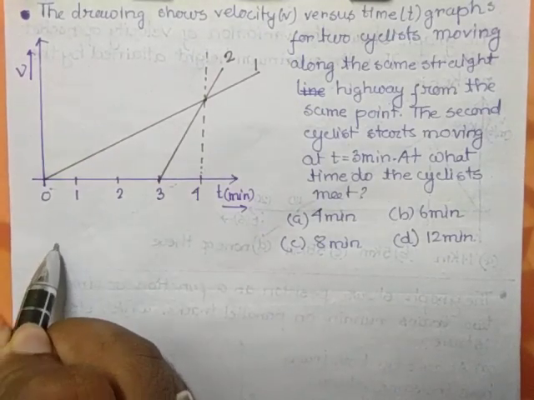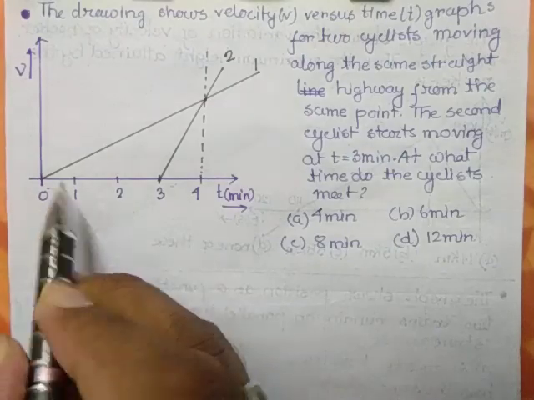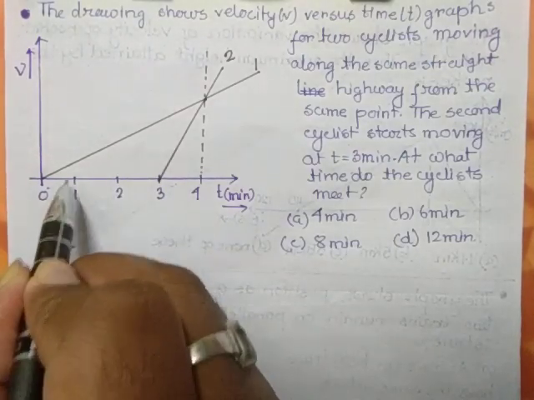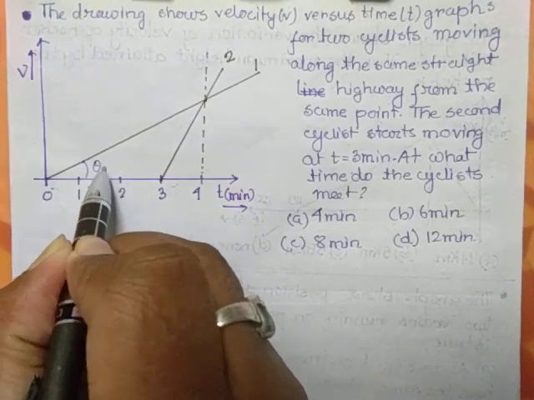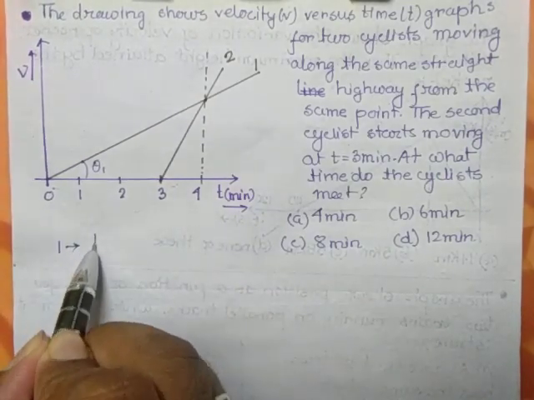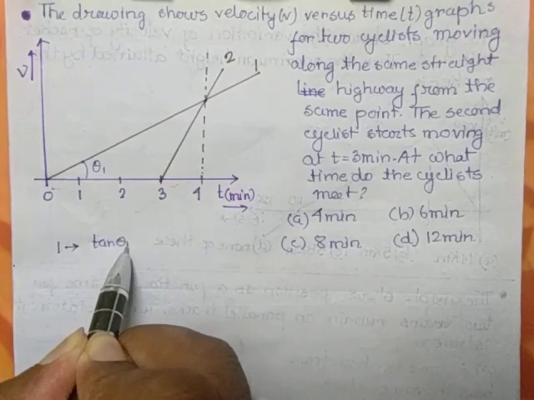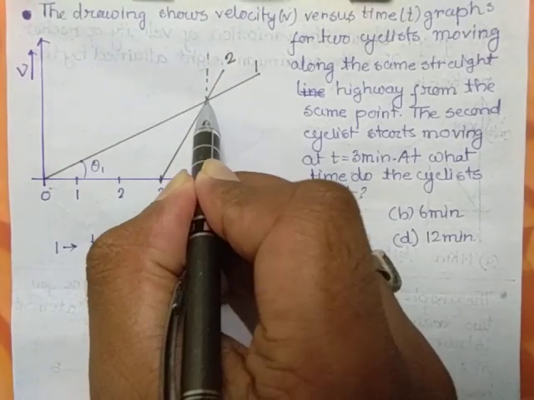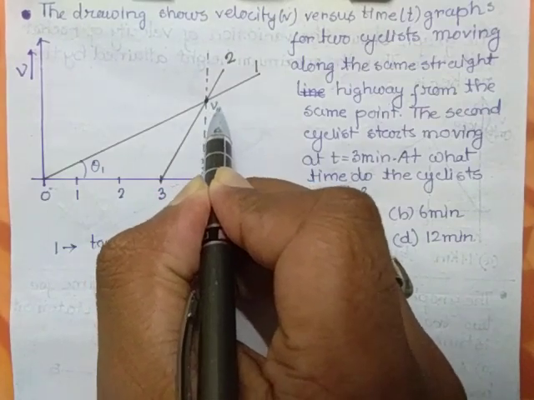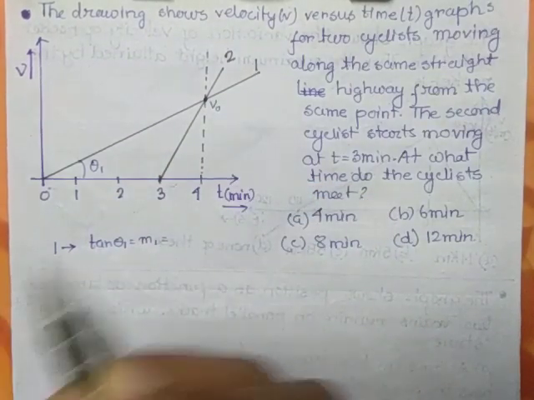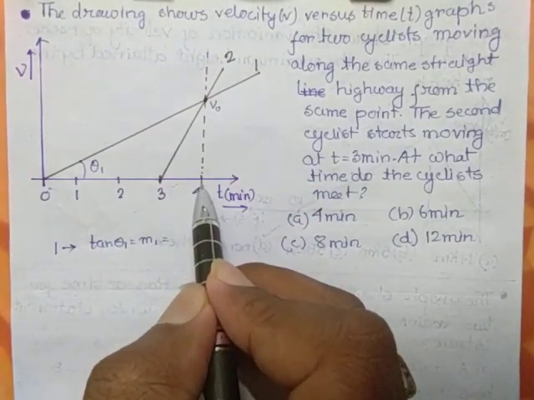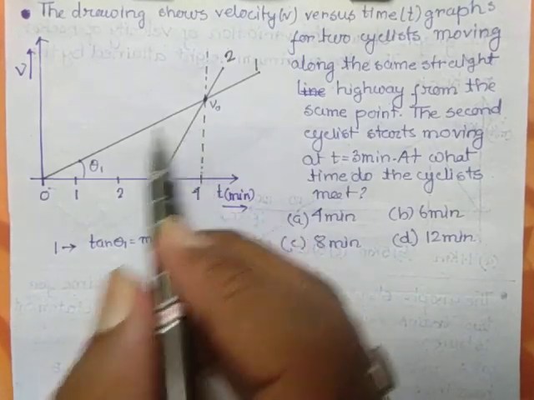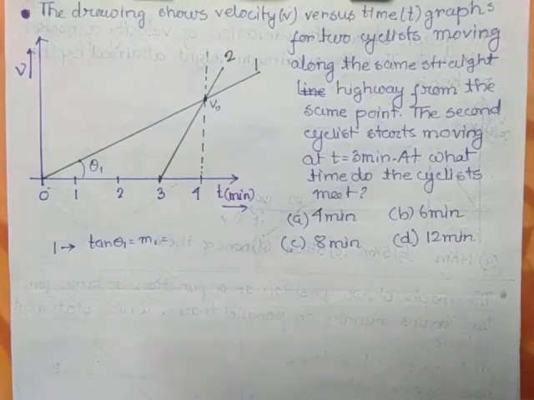For particle 1, moving in that particular direction, say this is theta 1, and tan theta 1 gives the slope. At that particular point, at 4 minutes, they have the velocity v0, but it does not mean they meet there.